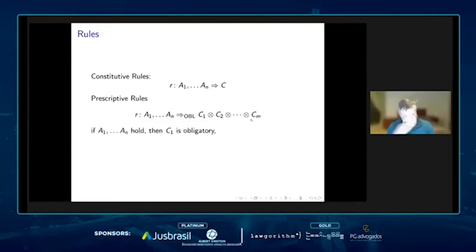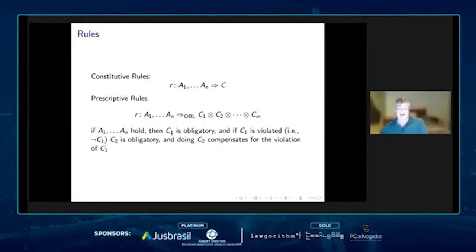Now, in this case, if A1 to AN hold, then C1 is obligatory. And if it is violated, so if we have not C1, then C2 is obligatory and it compensates for the violation of C1, etc. And we can repeat for all of them.